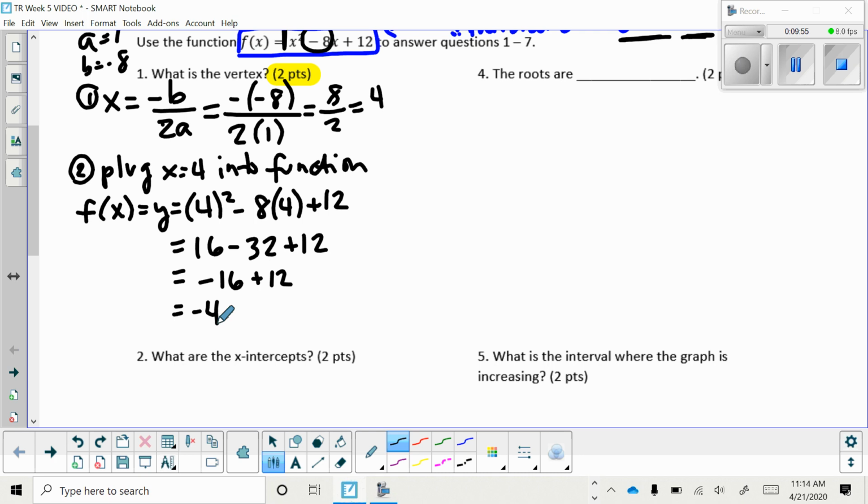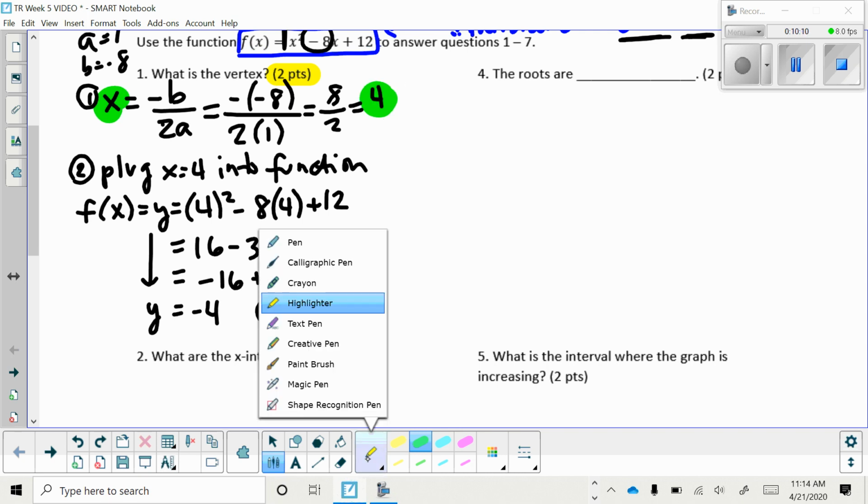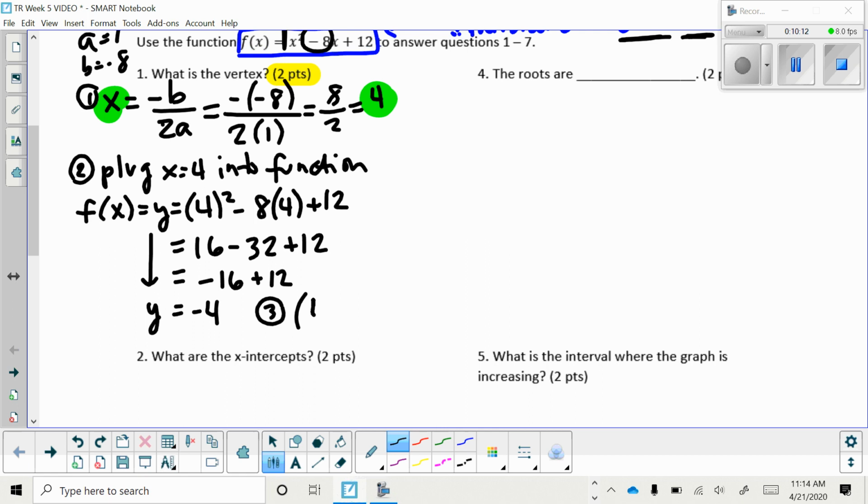Okay, that's my y value. And so the very last step is to write this as an ordered pair. So remember from step 1, x equals 4. And from the step we just did, we know that y equals negative 4. And so that's my answer for number 1.